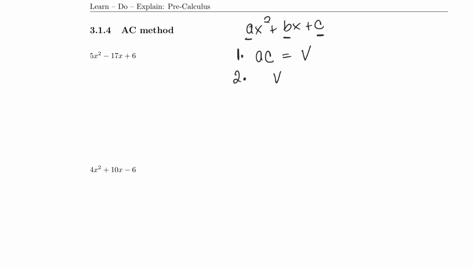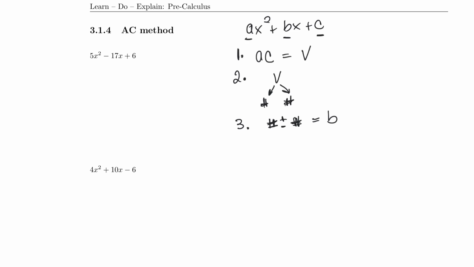Now we're going to decompose this V, and you're going to find two numbers, as we did in the difference of perfect squares. Then the third step is to take these two numbers, which added or subtracted have to be equal to this B.